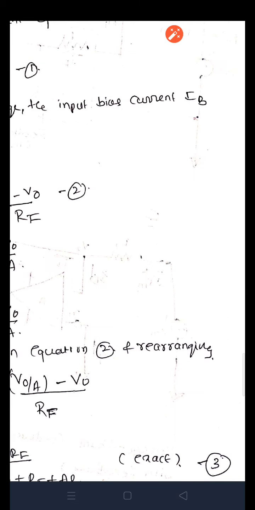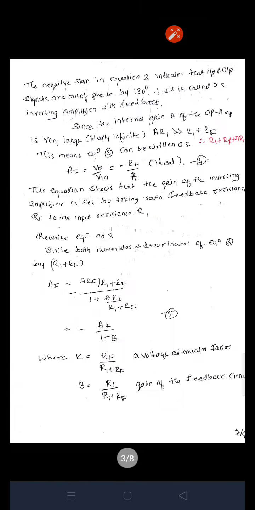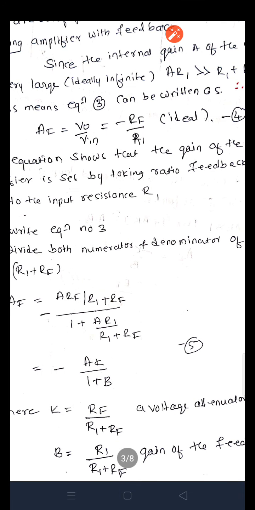The exact equation v0 by vin is A rf divided by r1 plus rf plus A r1. Dividing both by r1 plus rf, our equation becomes A rf divided by r1 plus rf, divided by 1 plus A r1 divided by r1 plus rf. This is with a minus sign.